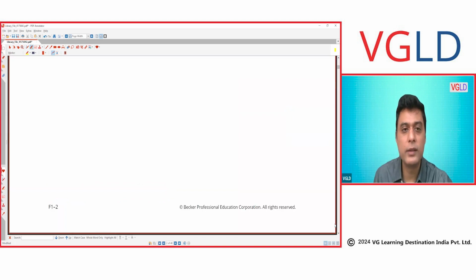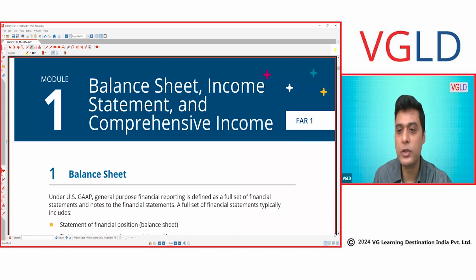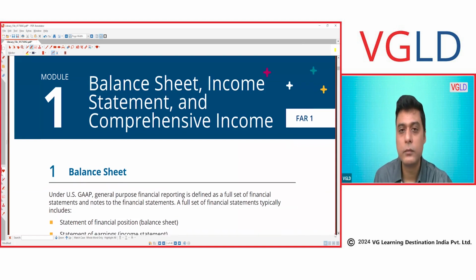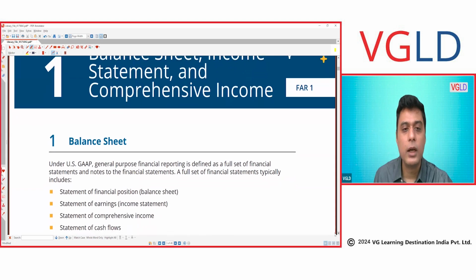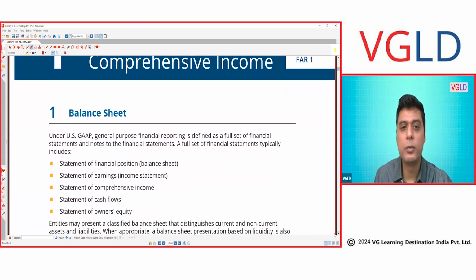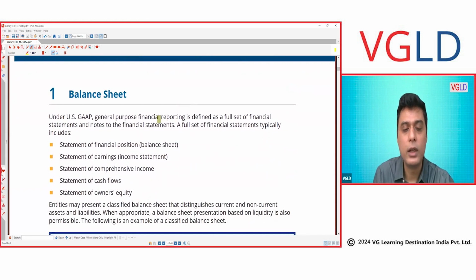And this is, of course, very, very simple. You are all familiar with the balance sheet. Under US GAAP, general purpose financial reporting. Now, first of all, we are covering US GAAP in your syllabus. There is no IFRS. Earlier there used to be, but now it is not there.